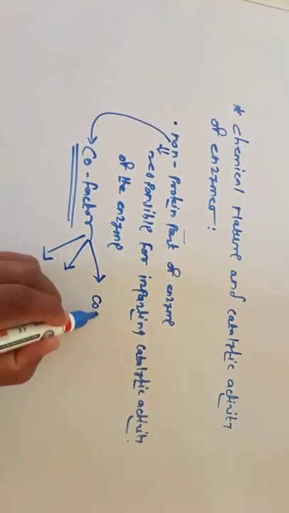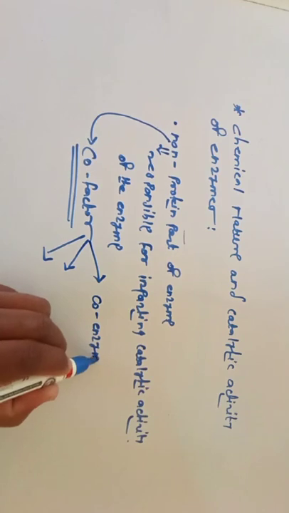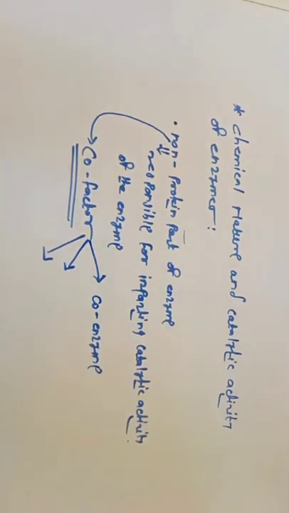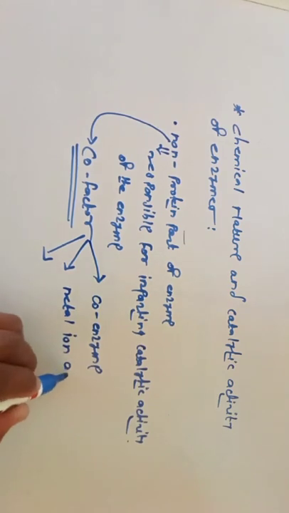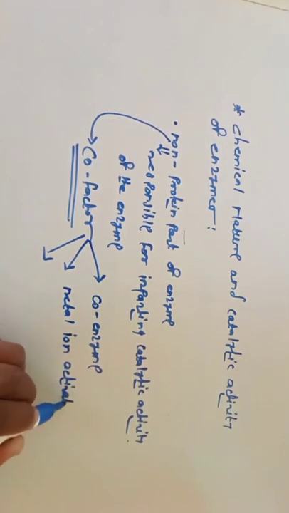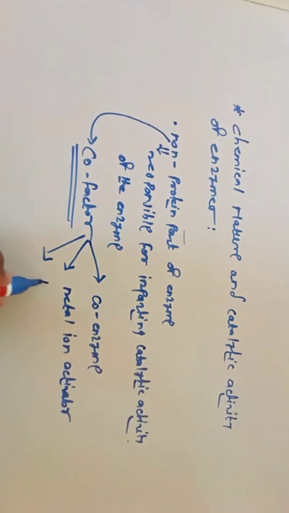First is the coenzyme, which we already discussed: the non-protein part combining with the apoenzyme. Second is the metal ion activator, and third is the prosthetic group.